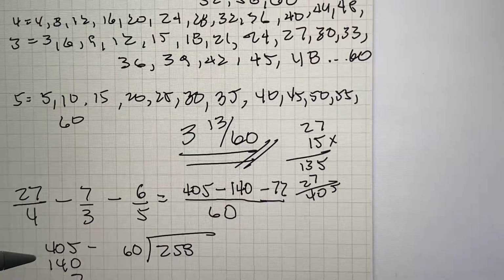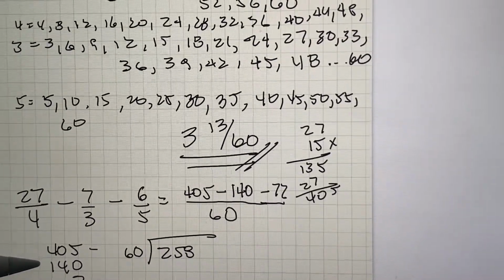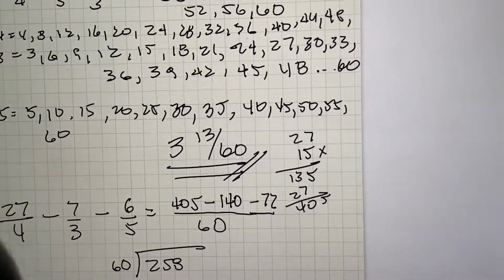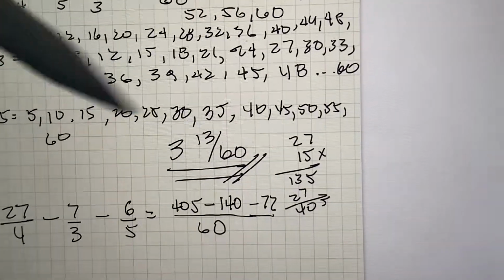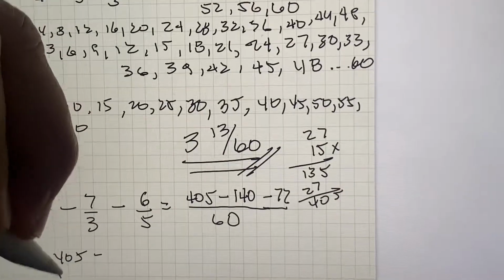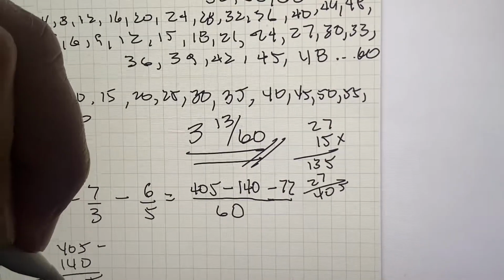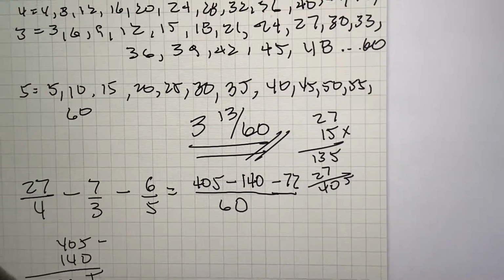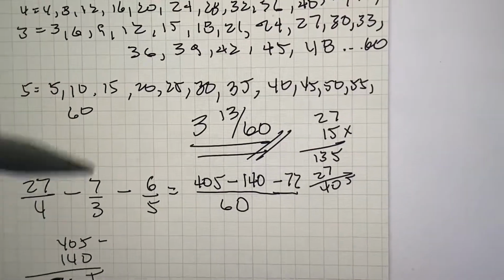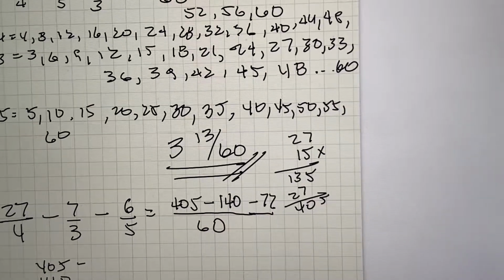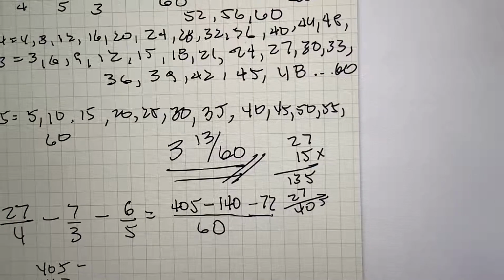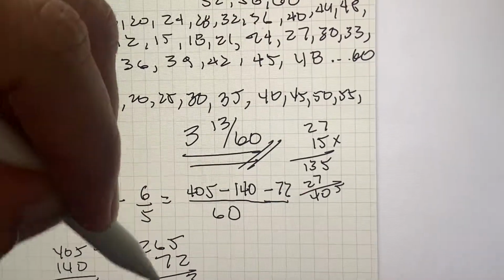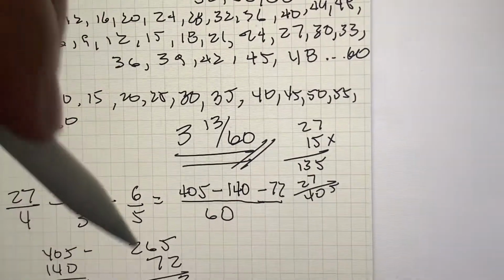Hold on, let me double check this subtraction, because I don't want to continue without getting it right. 405 minus 140 would be 265. 265 minus 72, that would be 193.